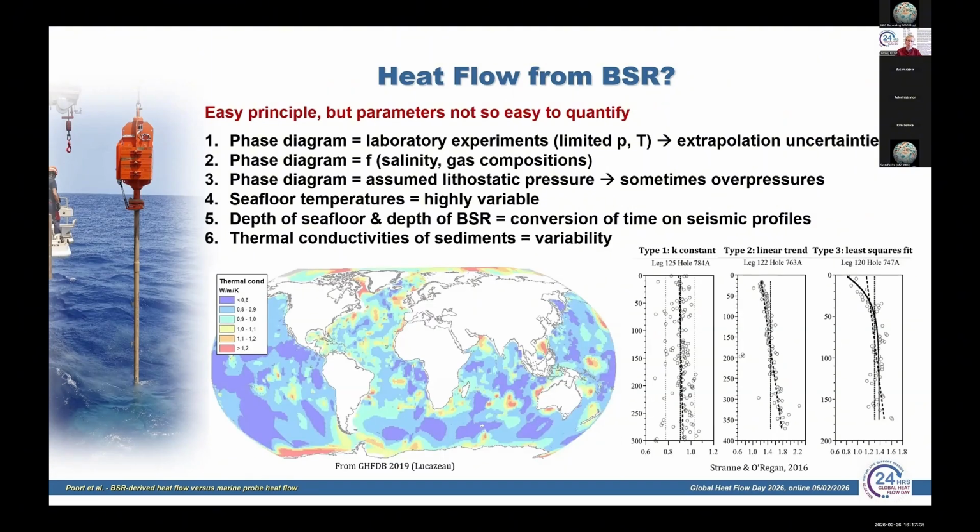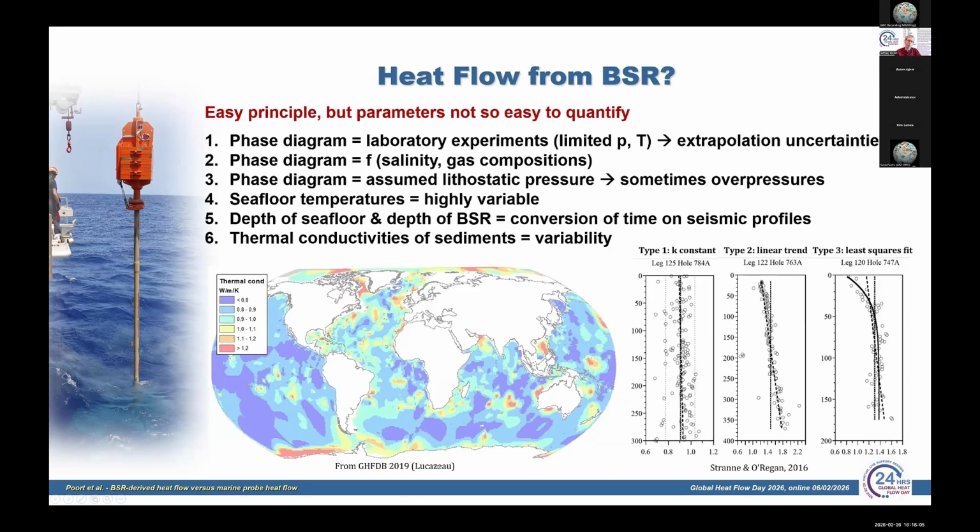The last of the parameters that's important is the thermal conductivity of the sediments. This also can be highly variable in the continental margins. I showed this example from a publication of Strand and O'Regan, showing that sometimes conductivities can be quite constant up to the depth of the BSR, but in other areas you get a clear increase, sometimes linear, sometimes exponential.